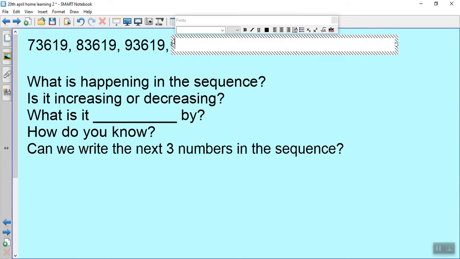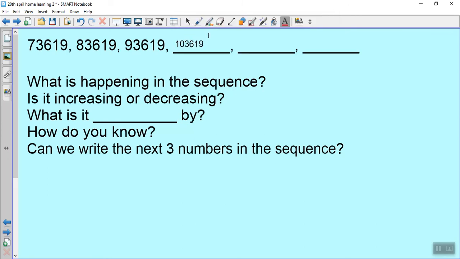We've got 9 tens of thousands. We're going to need 10 tens of thousands, which is actually 100,000. But that's 93,000. I'm going to have 103,000. And then my 619 will stay the same. Then I'm going to have one more tens of thousands. This is my tens of thousands digit.